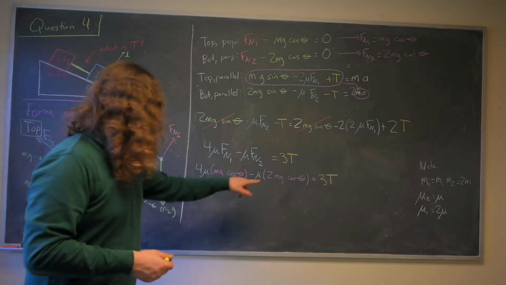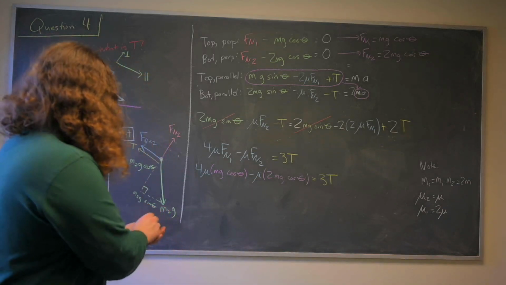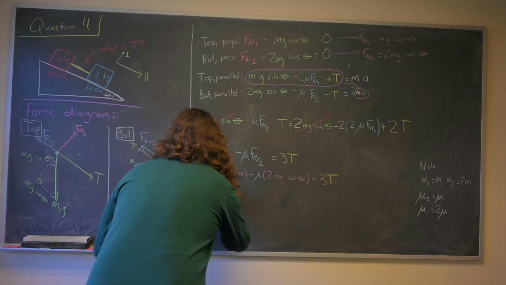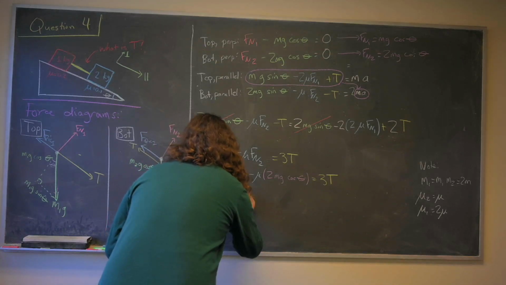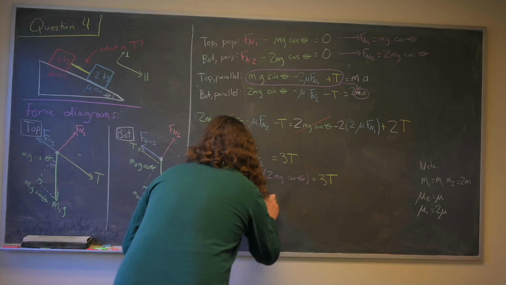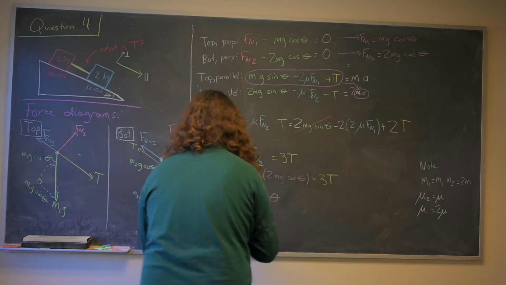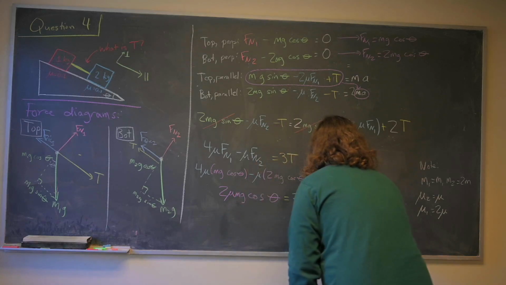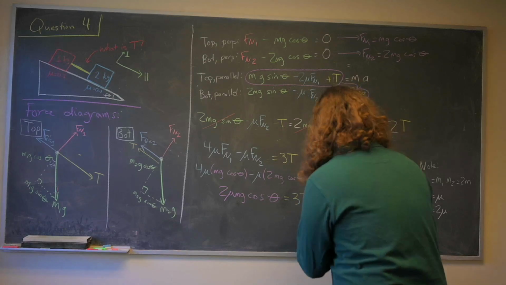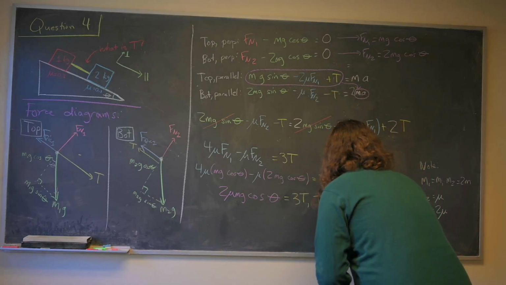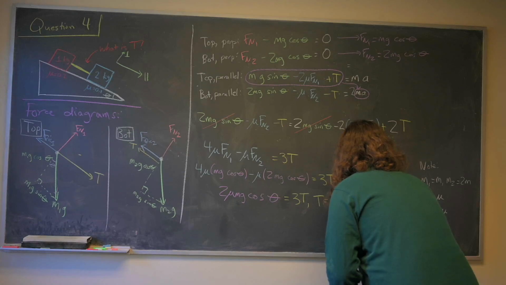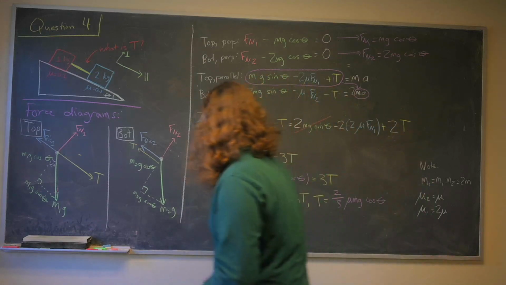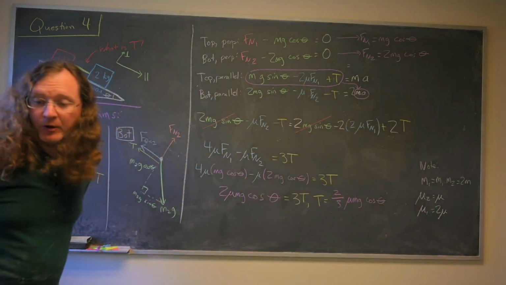So, hey, I can just combine these, right? So this gives me 2 mu mg cosine theta equals 3T. So T is 2/3 mu mg cosine theta. So let's type that into Google Calculator real quick.